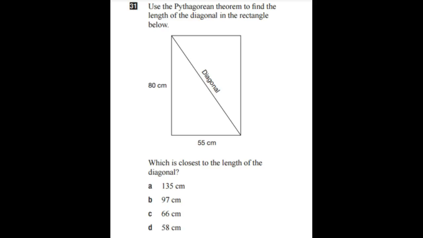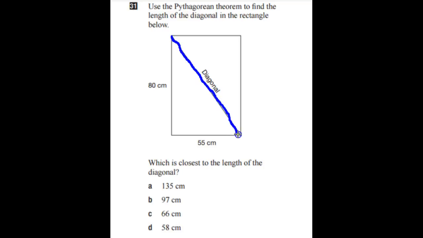So here's one example from a past EQAO exam that I want to go over really quickly. It says, use the Pythagorean theorem to find the length of the diagonal in the rectangle below. All right, so here clearly they've identified the diagonal, and they're telling me that it's a rectangle.